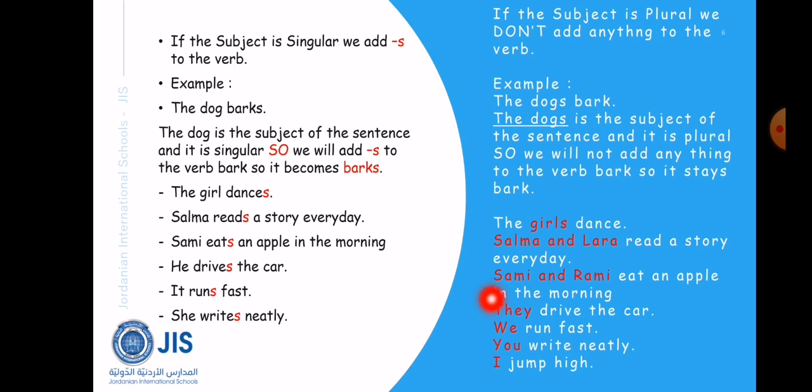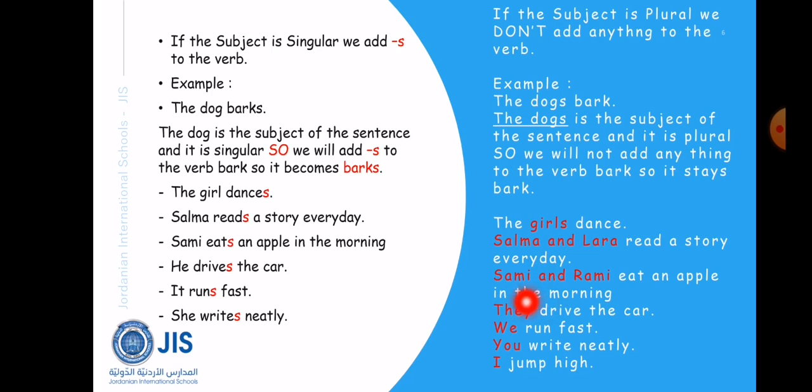Super class. We run fast. Where is the subject? The subject is the pronoun we. Is it singular or plural? It is plural. Perfect. Look at the verb run. Did we add anything to the verb run?